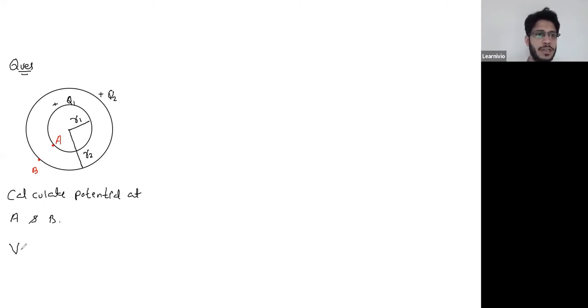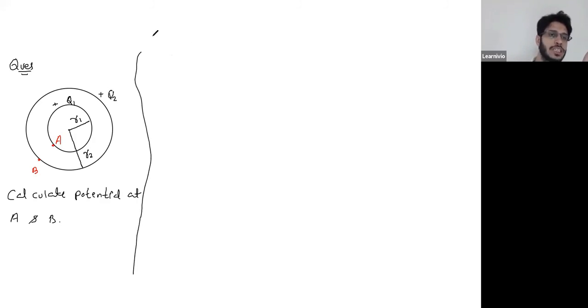So potential at point A is, see, both the charges Q1 as well as Q2 will generate potential at point A. To calculate potential at point A, you have to decide the position of the point with respect to each charge. I'm solving the first part. Where is Q1?